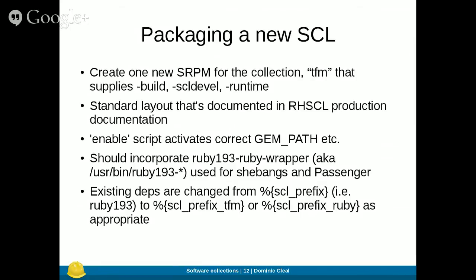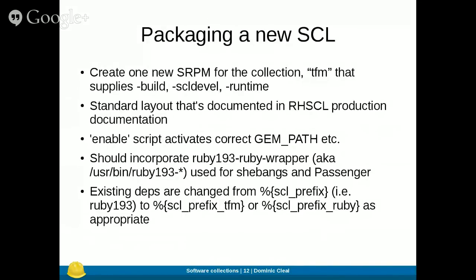It also gives us an opportunity to roll our user bin Ruby 193 binaries into that package, as it's part of the same thing, enabling SCLs. And we also have to change dependencies on all of our existing packages.